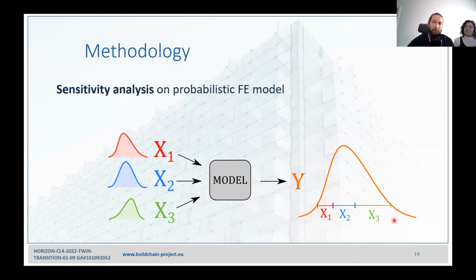And maybe we realize that it's x3, the parameter that contributes the most. So those are the parameters from which we will gain the most reduction of the variance. And those are the parameters that we should try to fix or to reduce their variance.